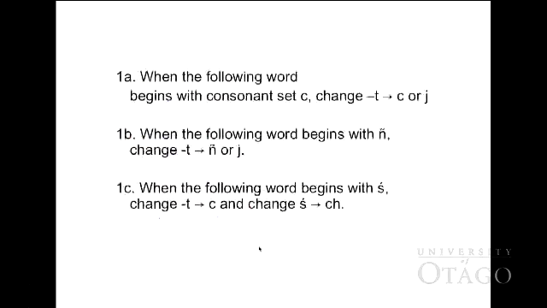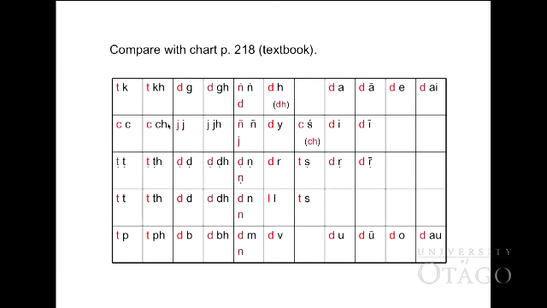So you can see from the chart over here. This is rule number 1, change T to c and j, and change to j or y, and change ś to ch. Number 2 is this, change T to ṭ or ḍ over here and over here.